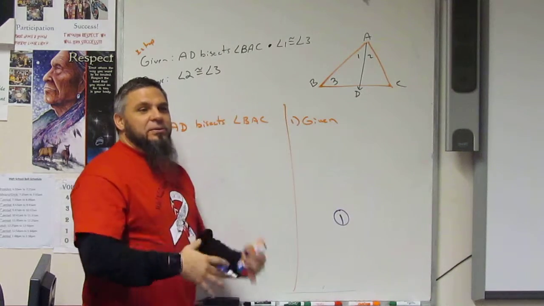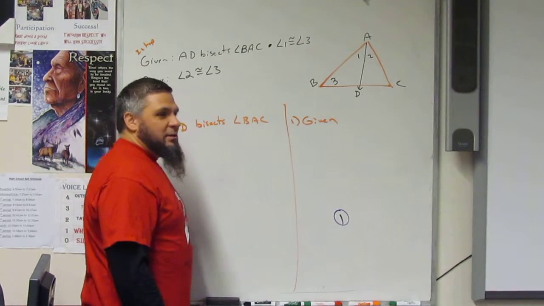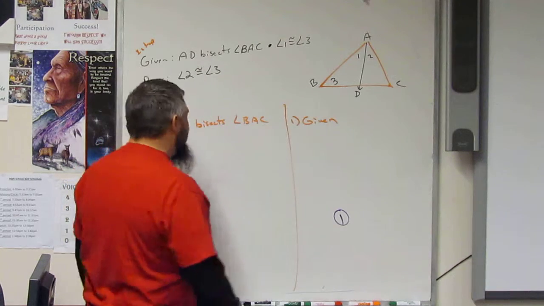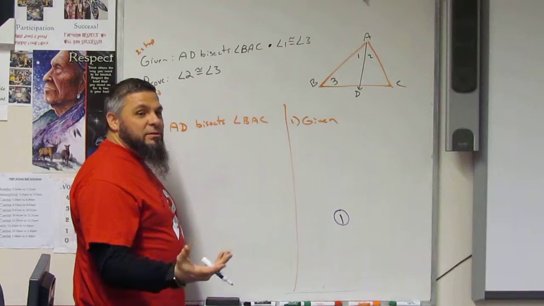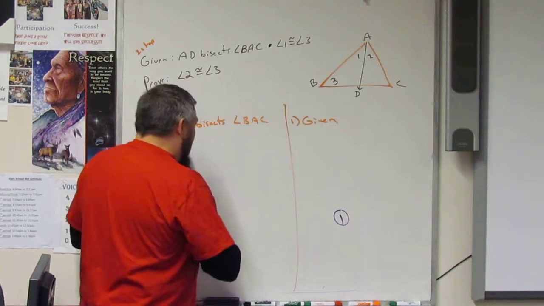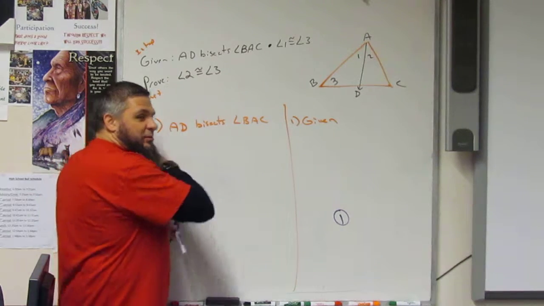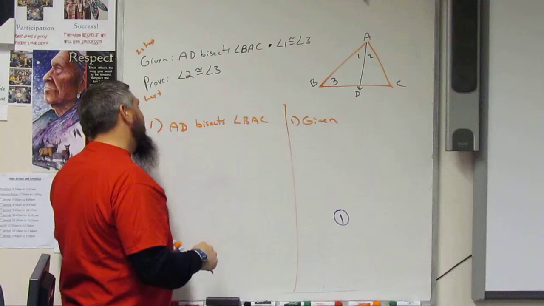Number 1, flow chart. I've got my flow chart started. It may not go anywhere yet, but I still have 2 points. So 2 and 2 is 4. That's a lot more than none. So remember that. At the very least, do this. 5 minutes left? We can do this.